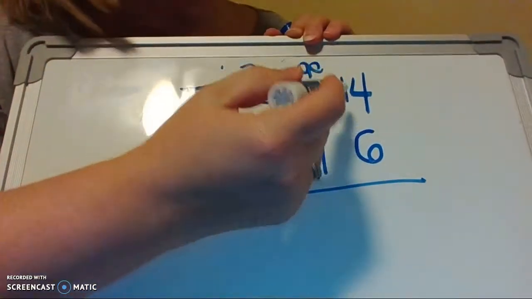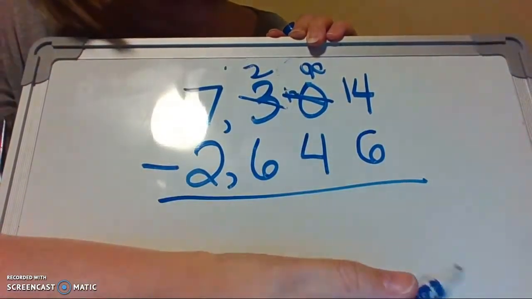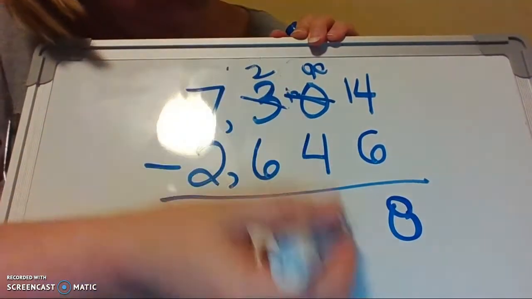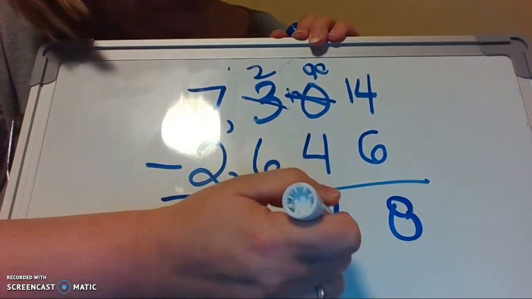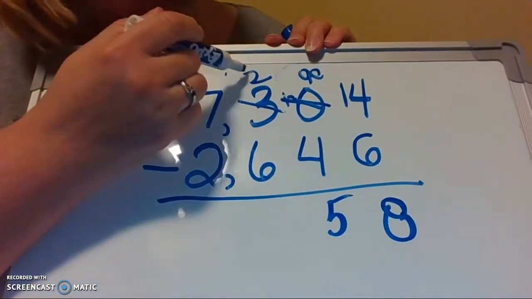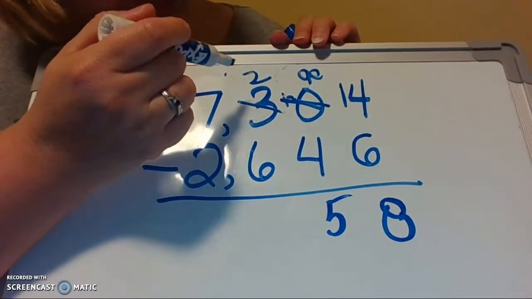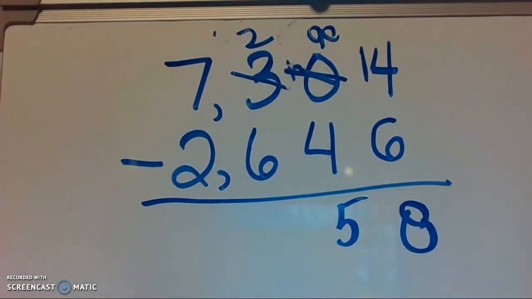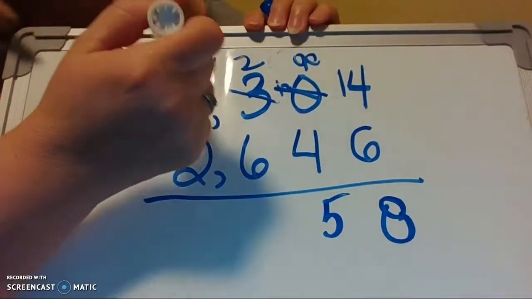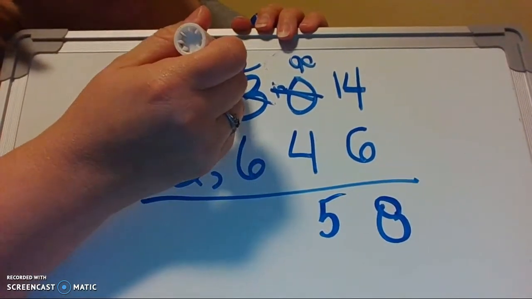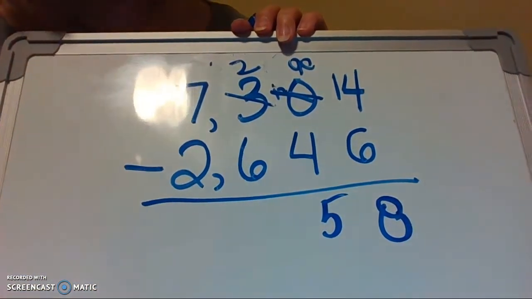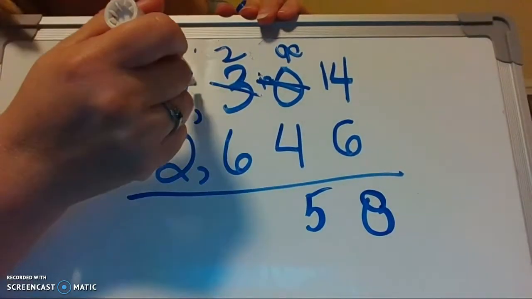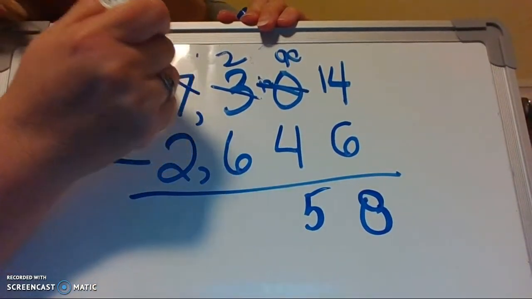So now I'm ready. 14 minus 6 equals 8. 90 minus 40 equals 50. 200 minus 600. Oh, I can't do that. So now I've got to come over here and I'm going to borrow from my thousands. How many thousands does it take? That's right.